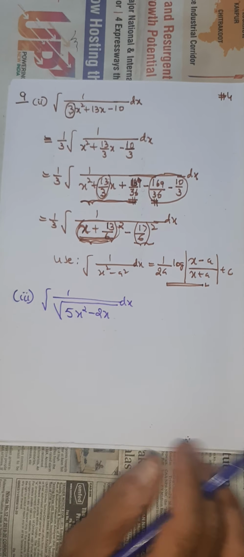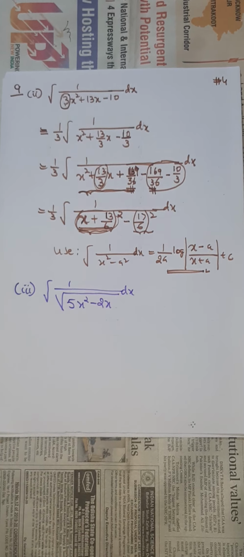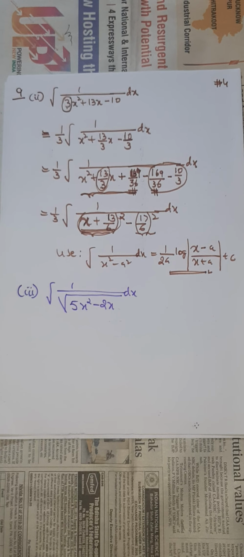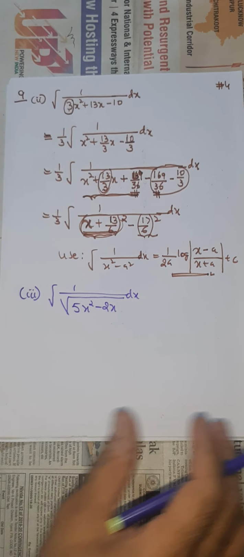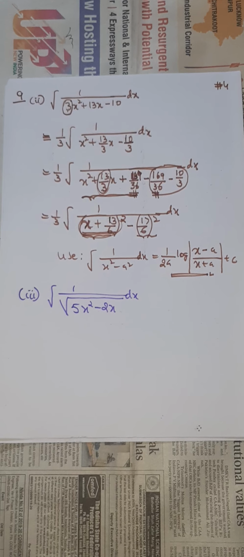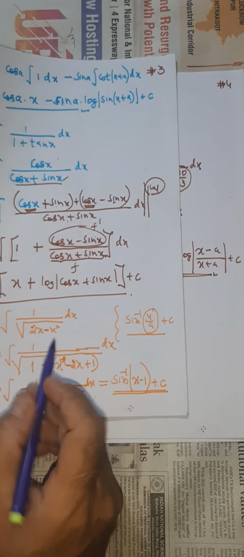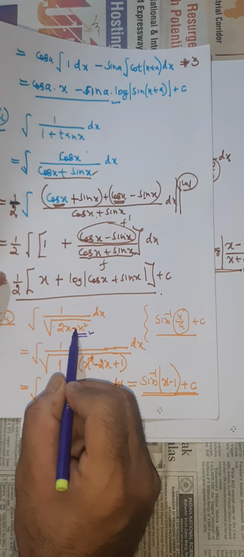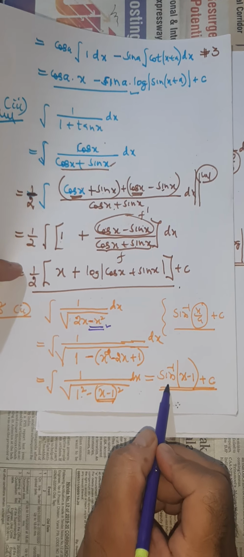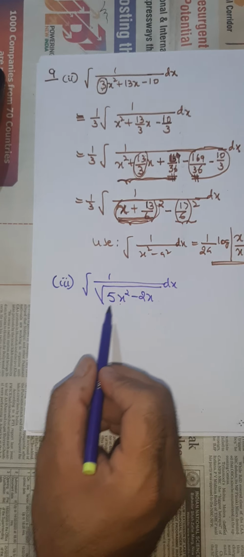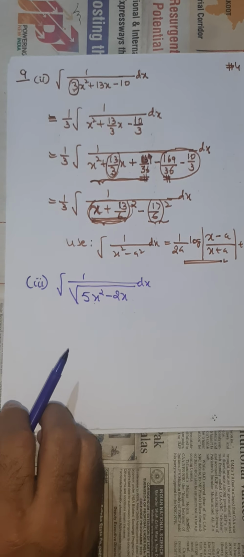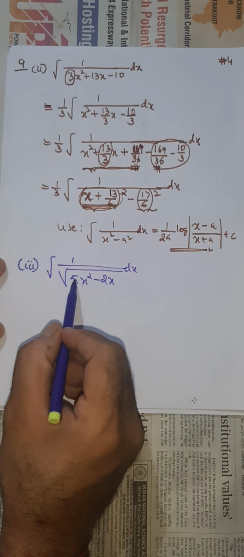In the earlier example, if you go back to example number 8, you had minus x square, remember. So the answer was in sine inverse. Here you have plus x square. So the answer will not be in the form of sine inverse. It will be in log, you will realize.